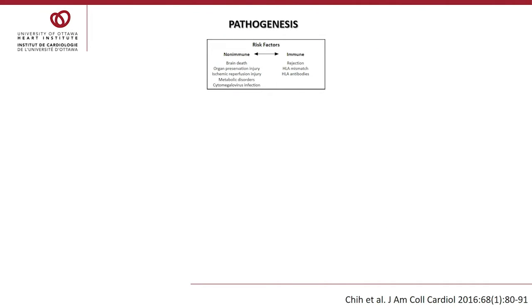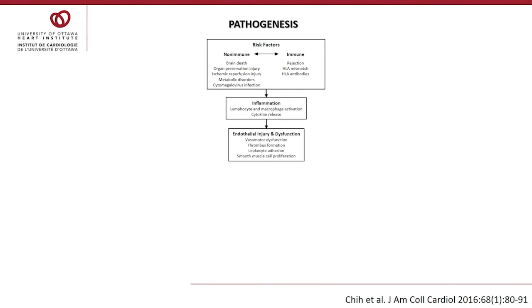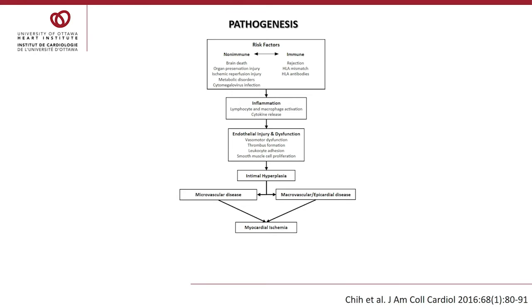So the pathogenesis for CAV is complex. Both immune and non-immune factors have been implicated, and this converges onto a common pathway of inflammation, coronary endothelial injury, dysfunction, intimal hyperplasia, and leads to myocardial ischemia, fibrosis, and eventual graft dysfunction.